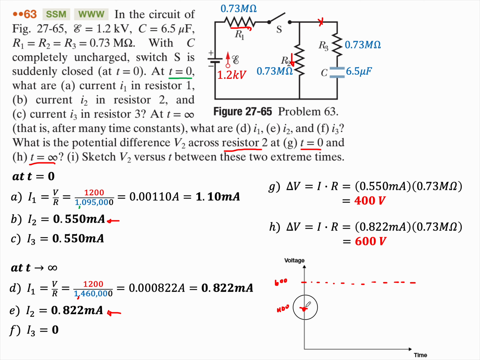So it's going to start out here at t equals 0, and then slowly approach this value asymptotically. And it's not a linear graph, it is a nice exponential one. Hopefully that makes sense.